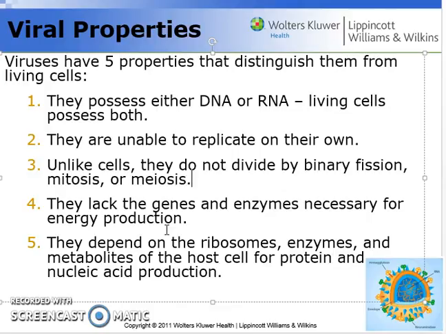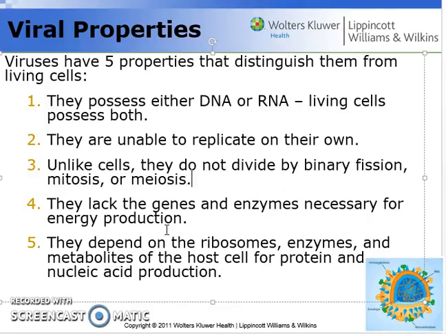Now, viruses also have an absence of genes and enzymes that are required in order to produce their own energy. So with viruses, you don't see cell respiration and you don't see fermentation. None of those processes that we talked about in chapters 6 and 7 are going to exist in a virus.